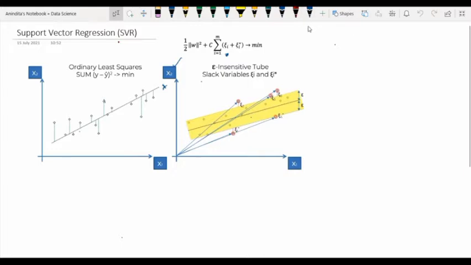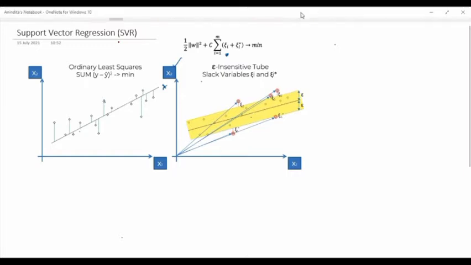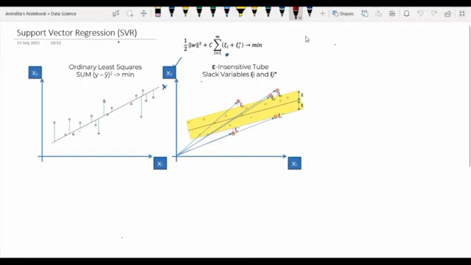So who invented this support vector regression concept? It was invented by a person named Vladimir Vapnik, V-A-P-N-I-K.